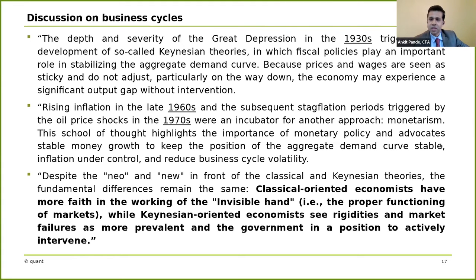The summary is really fascinating. So they say classical oriented economists have more faith in the working of the invisible hand, that is the proper functioning of markets, while Keynesian oriented economists see rigidities and market failures as more prevalent and government in a position to actively intervene. Right.